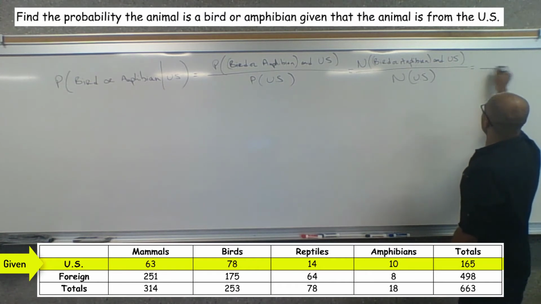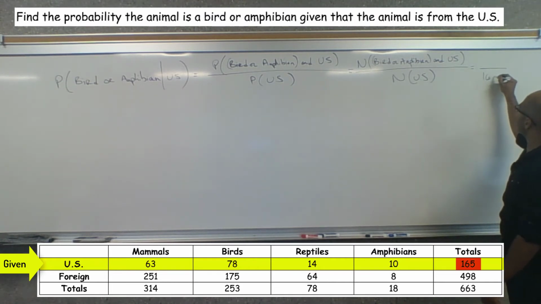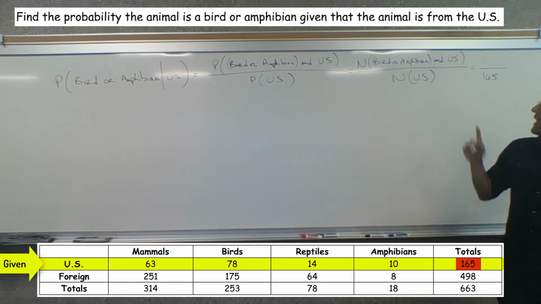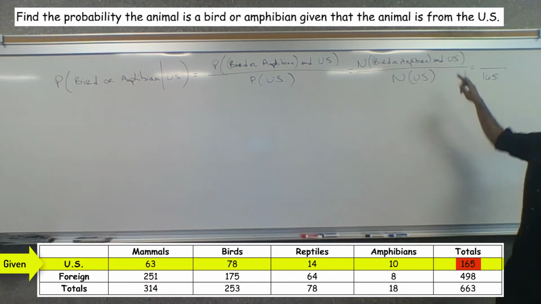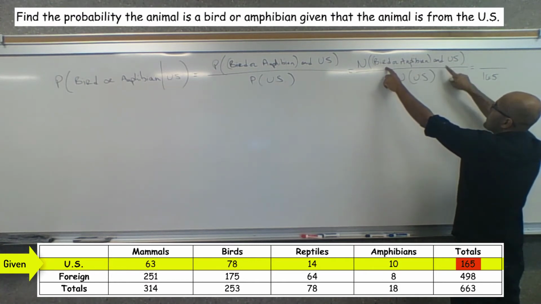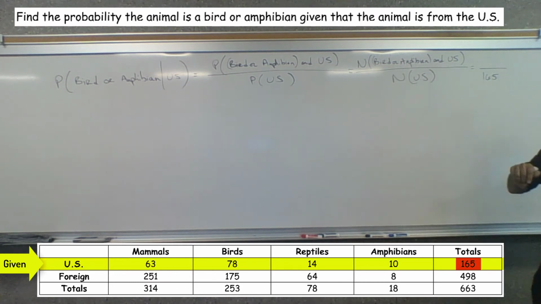So from our table, the denominator is easy. That's how many come from the US. That's going to be 165, right? And now bird or amphibian and the US. So both things have to be satisfied. All the things that are birds and from the US, all the things that are amphibians and from the US. So we have the 78 that are birds and also from the US, and we also have the 10 that are amphibians and from the US.